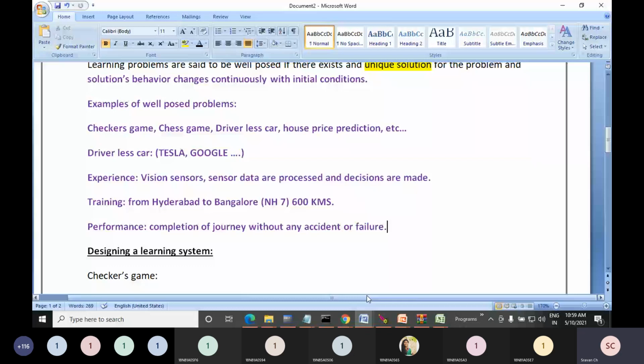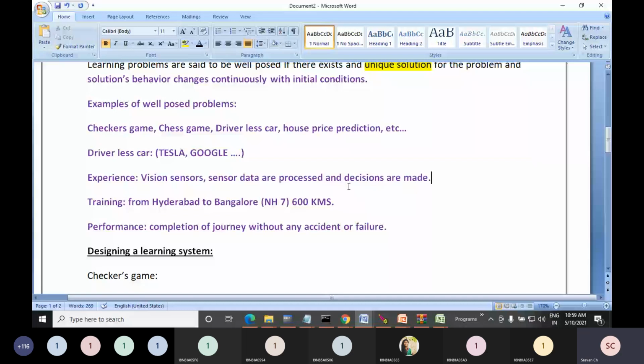Now, for example, the first time this autonomous car failed, either the problem was in the training or the problem was in the experience. The problem can be in both places. If your training itself is not correct, you can't expect performance. Similarly, if training is good but the experience you are getting from the sensors is also not correct, then the performance will be affected.